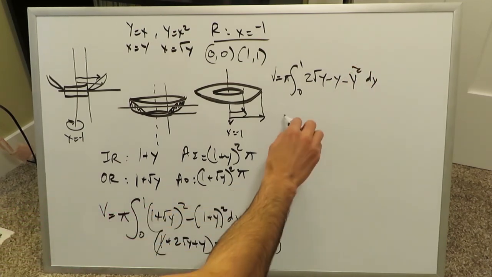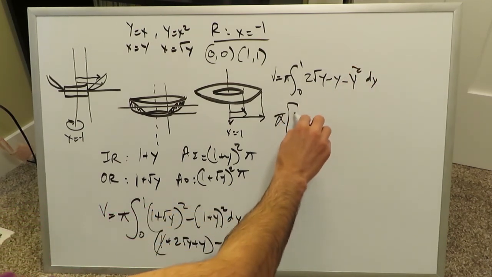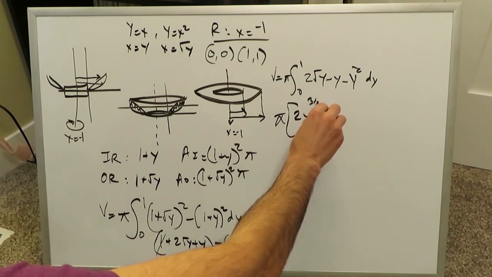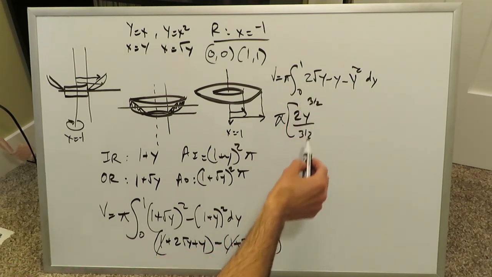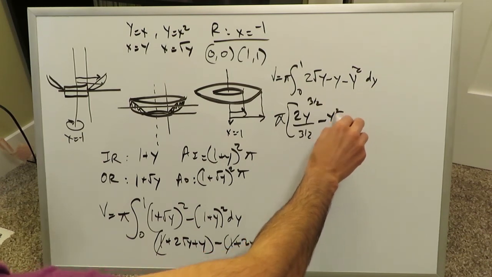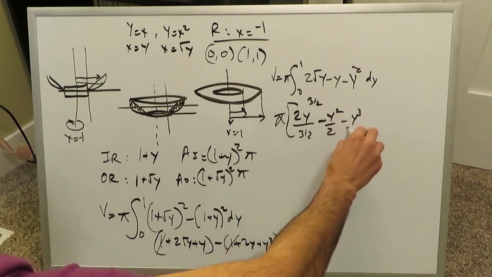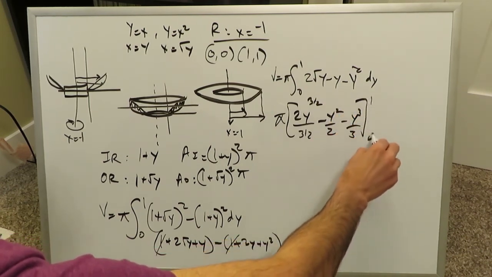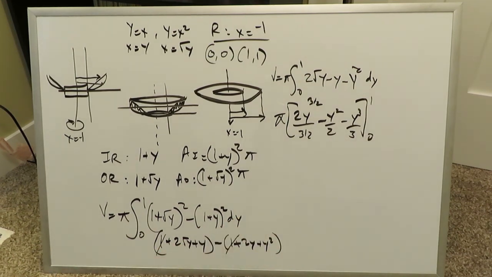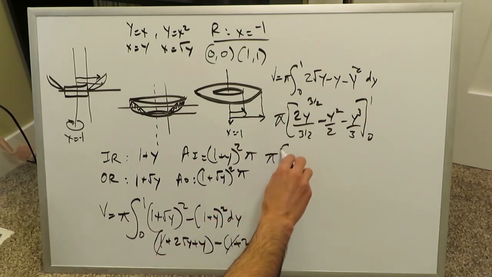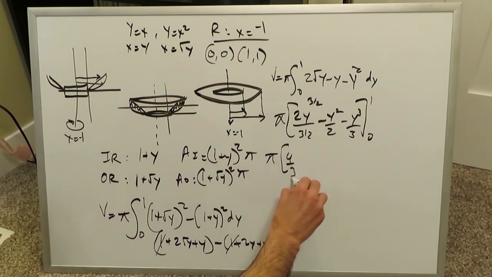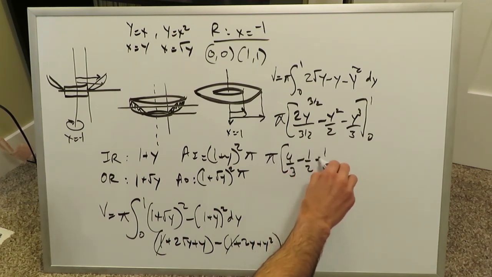When you integrate it, you'll have 2y to the 3 over 2 over 3 over 2. You can flip this around, and you'll get 4 over 3 minus y squared over 2 minus y cubed over 3 from 0 to 1. You're looking at 4 over 3 minus 1 over 2 minus 1 over 3.